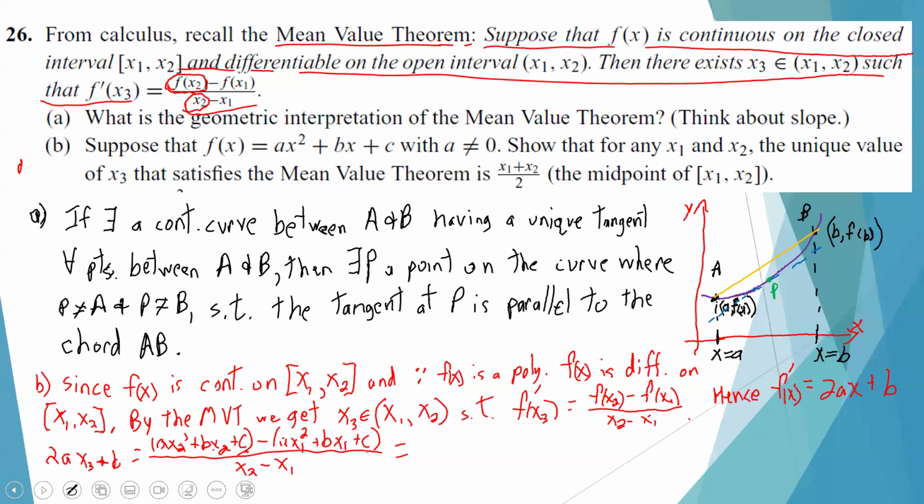I'm going to be left with a times x2 squared minus x1 squared plus b times x2 minus x1, over x2 minus x1. Okay, well, but now I have, in this term, an x2 minus x1, and in this term I do.